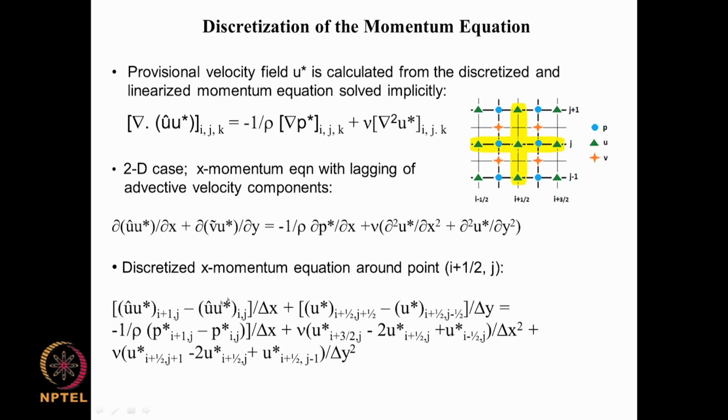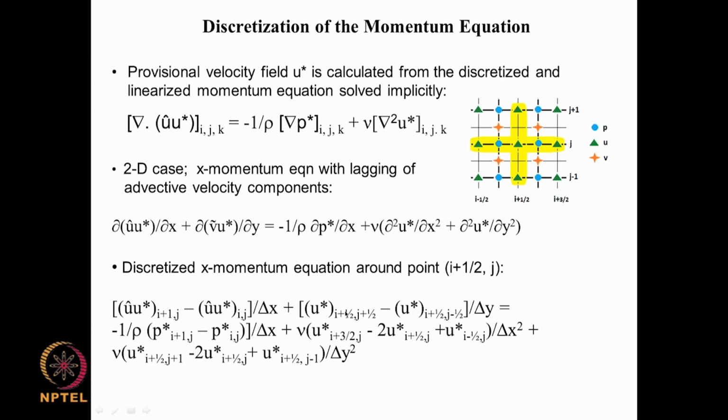So we are evaluating this term as u hat u star at I plus 1 j, which is at this point, minus u tilde u star at I j, which is this point. So if this is I plus half, this is I here. So this value minus this value divided by delta x, and that is what we have written here.